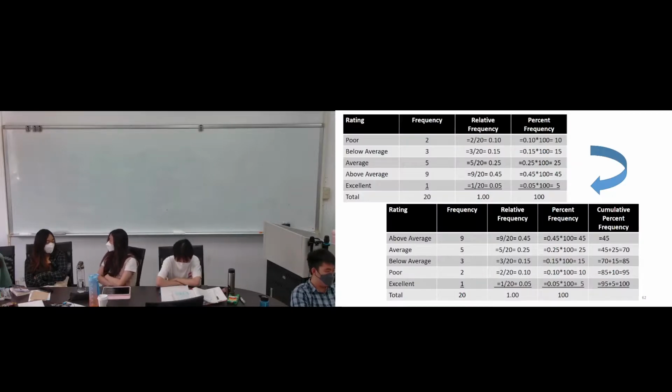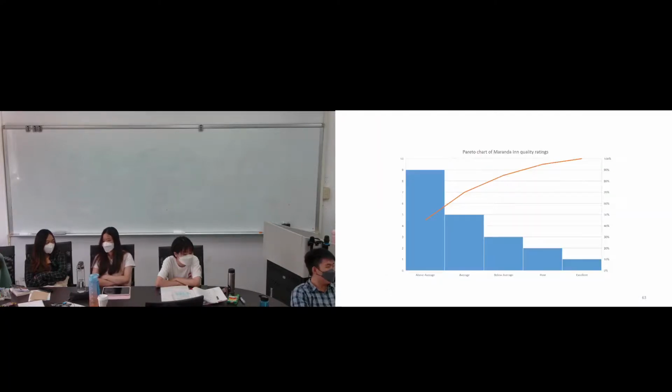Then below average, the cumulative percent frequency is 85%, so we find the 85% on the right vertical axis, in the middle of the below average.